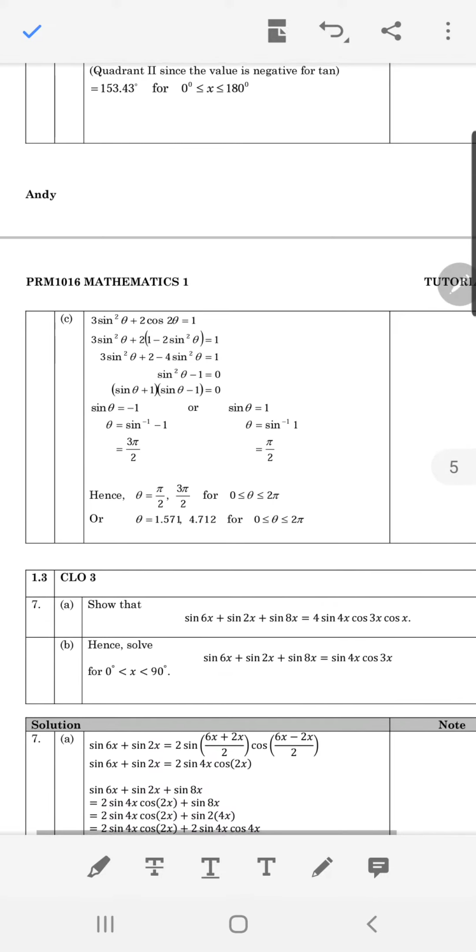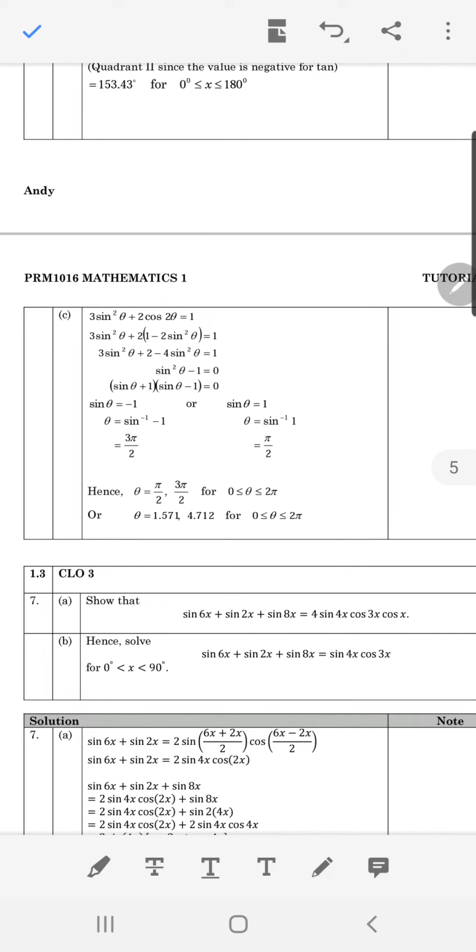And then question number C. This one you need to change to a quadratic. So sin theta equal to 1 and sin theta equal to -1.